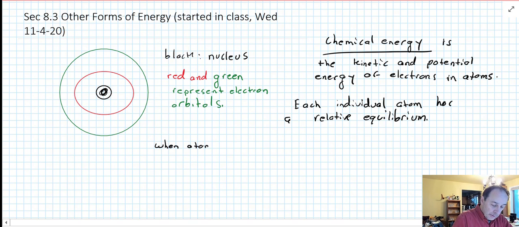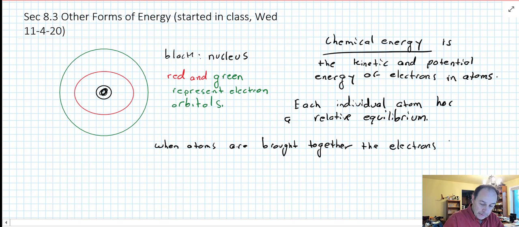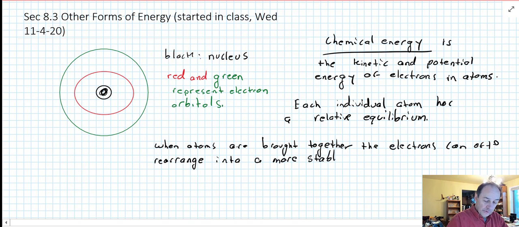So when atoms are brought together, not always, but often, the electrons can often rearrange into a more stable configuration, meaning a more stable equilibrium.